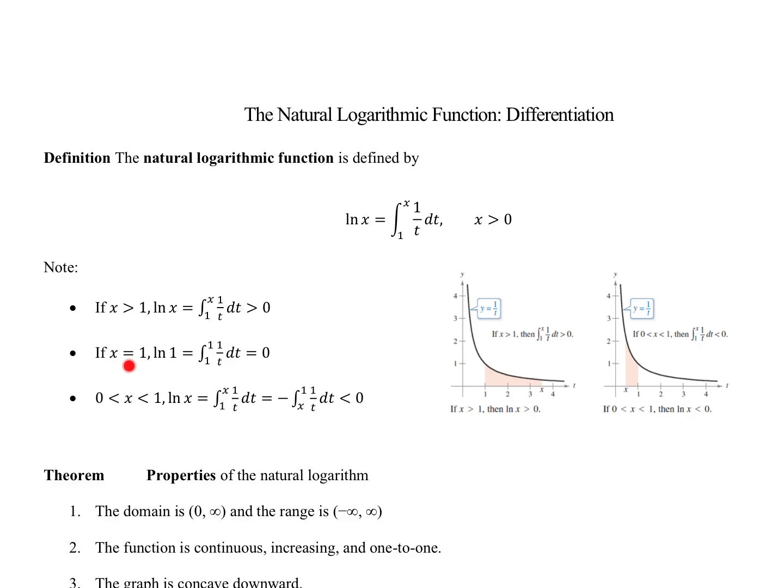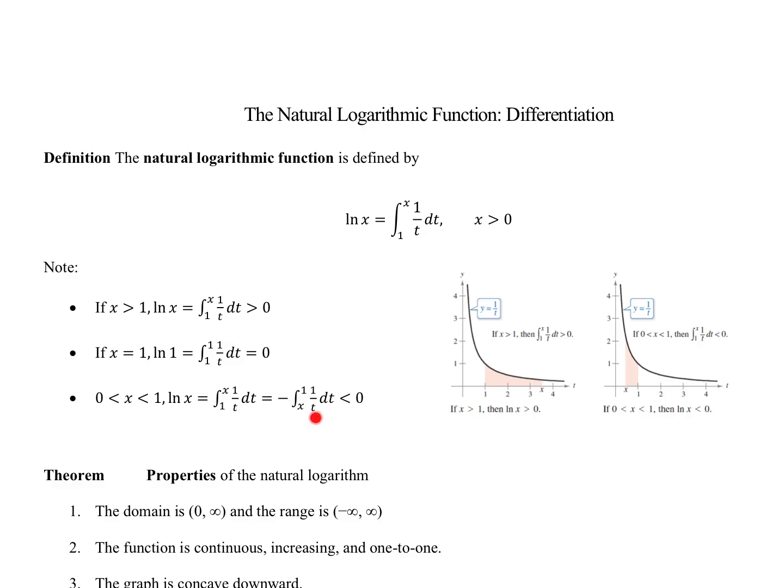When x is 1, because the upper and lower limits are both 1, this integral, which is ln 1, will be equal to 0. When x is less than 1 but greater than 0, then ln x, which is defined to be this integral, let's switch the upper and lower limits, but we have to introduce a negative sign, right?